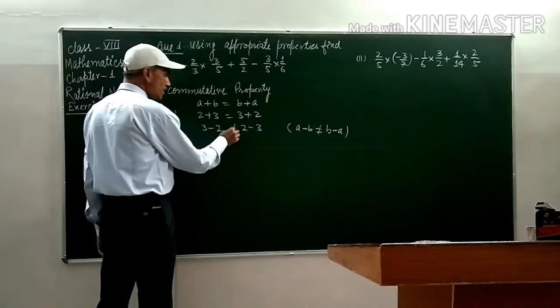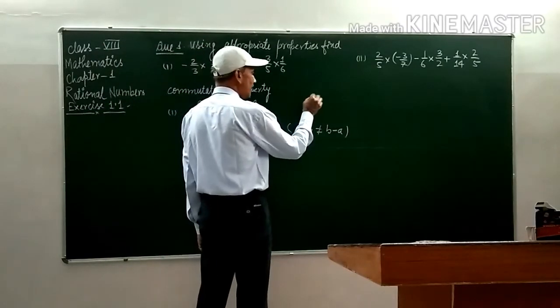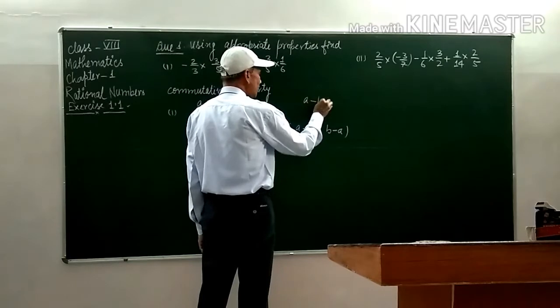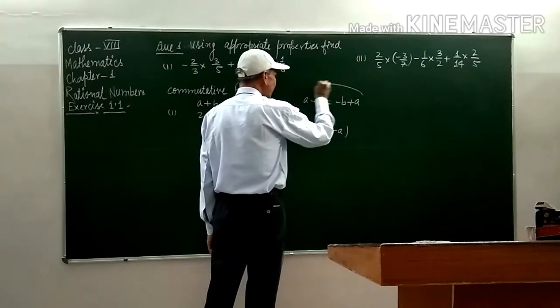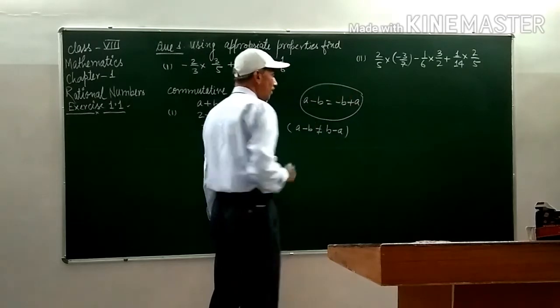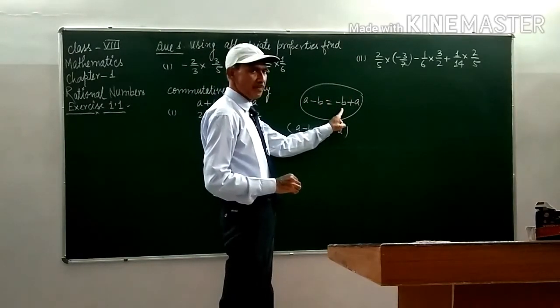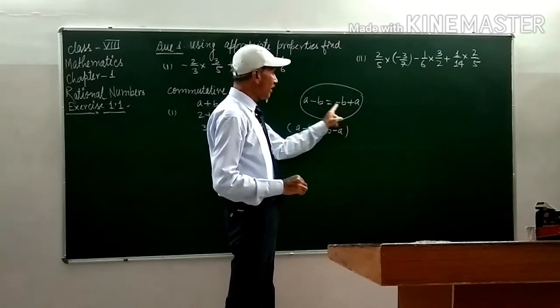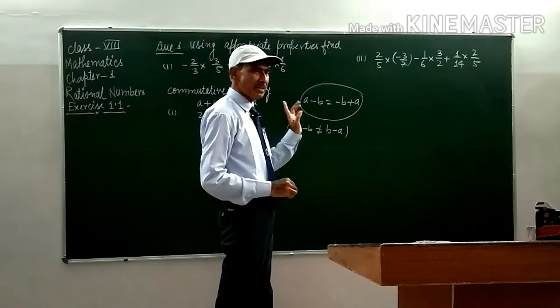Clear? If we write a minus b is equal to minus b plus a, it is correct, because it is again minus b. But a minus b is not equal to b minus a.